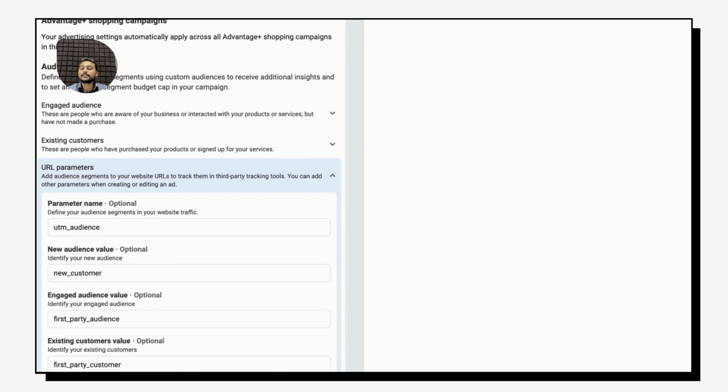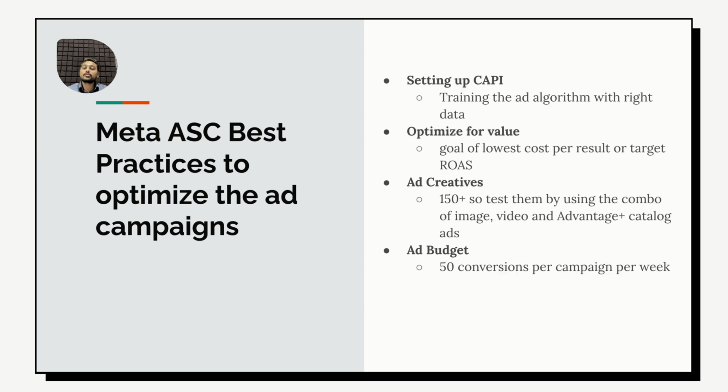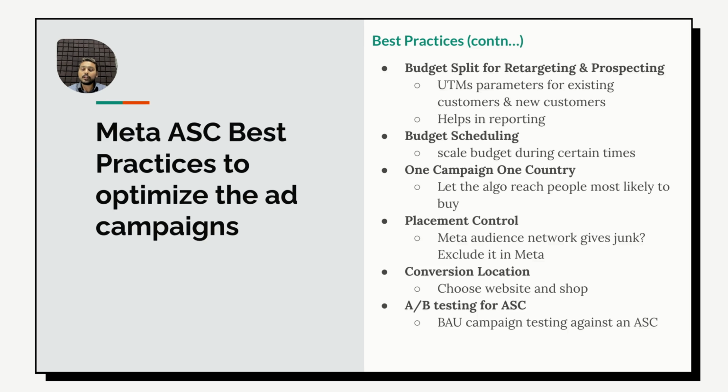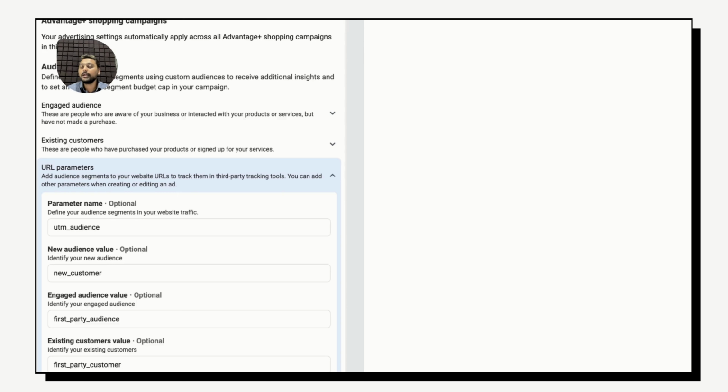When you set up these URL parameters, you can also calculate in the reporting the NCAC, that is new customer acquisition cost. When you give the UTM parameters here, it will be able to identify who are the new audience, and then you can calculate the acquisition cost for that audience specifically. So basically it's giving you a result of NCAC.